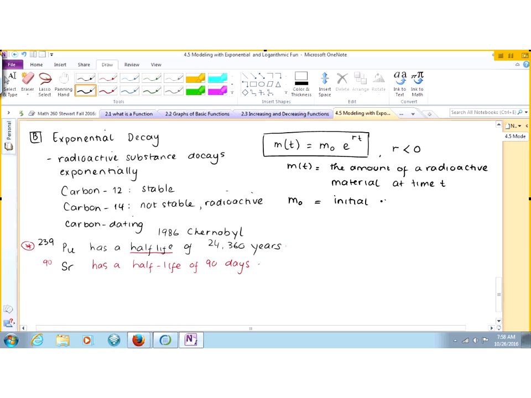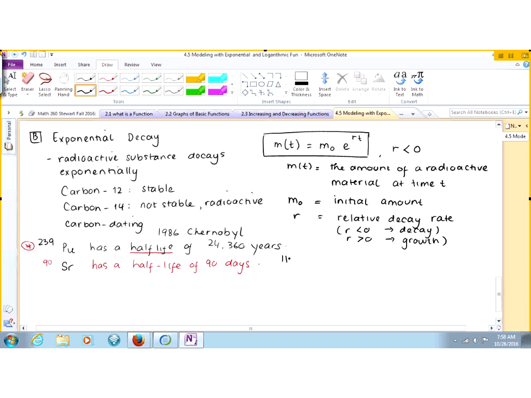The initial amount. And what is r? r is the relative decay rate. And r must be less than 0, otherwise what? You have exponential growth. So if r is less than 0, we have decay, and if r is greater than 0, we have growth. So it's the same model, just the value of r differs.